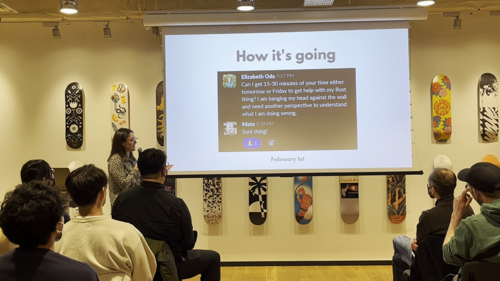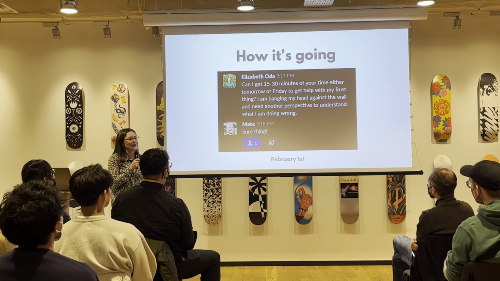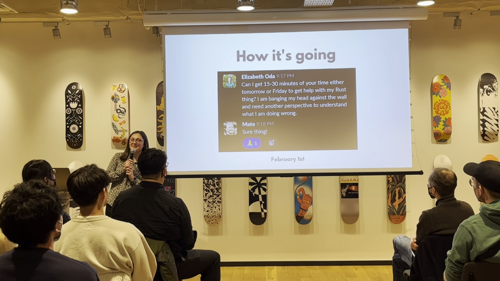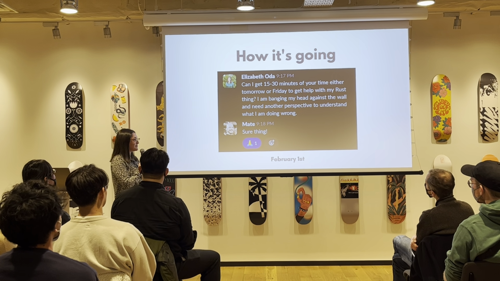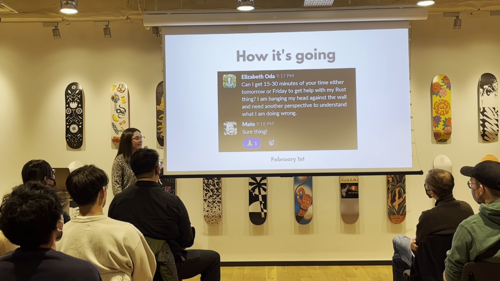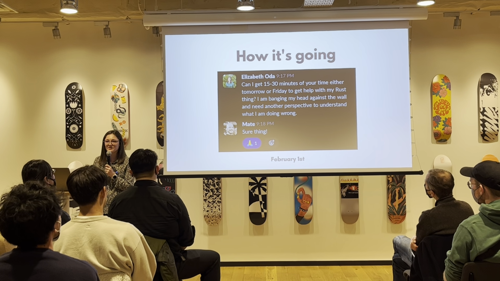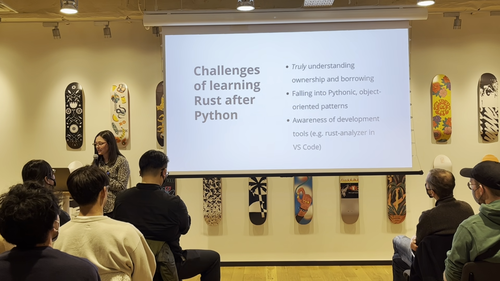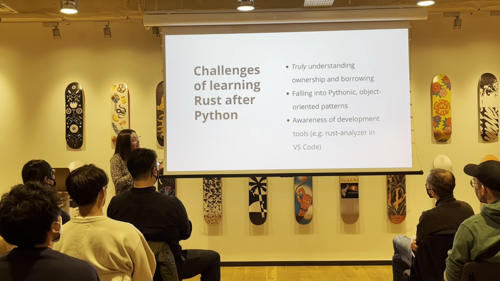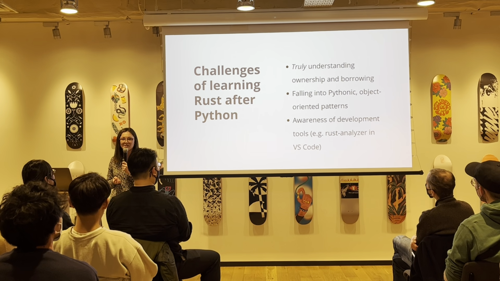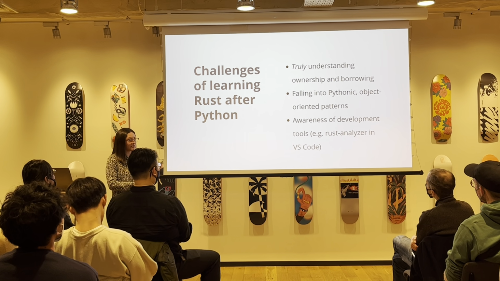So even just a couple weeks ago, I was already asking for help around dealing with some borrowing and some lifetimes from some more experienced Rustaceans, getting their opinions on what is going wrong, how can I do this in a more canonically Rust way. As I mentioned, I don't really have a computer science background, so I haven't learned C before.